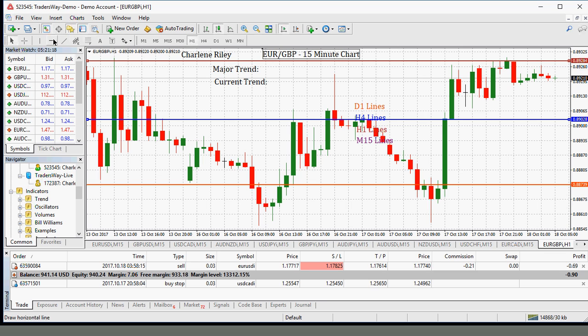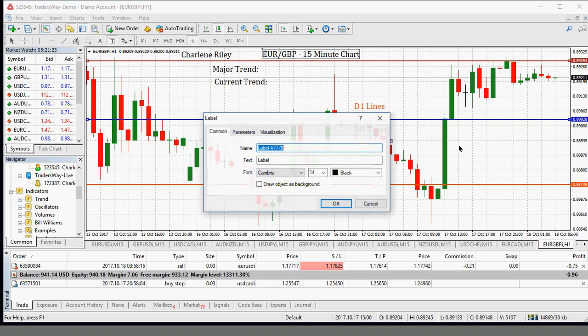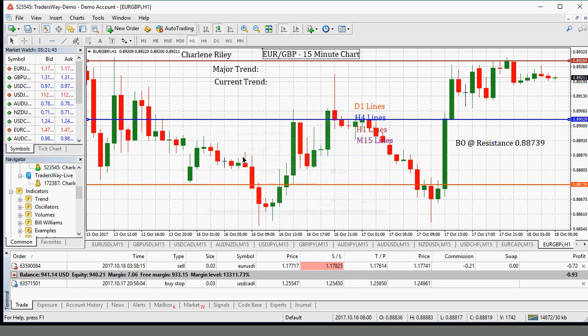And you would say, I would say, breakout at resistance 0.883, 0.739.